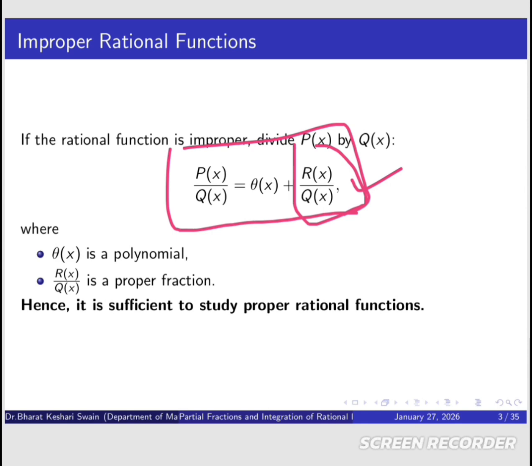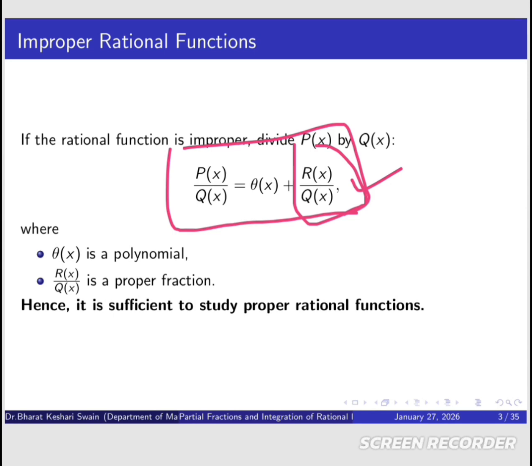That means the degree of r of x is less than that of q of x. If it were more than q of x, then we could divide it again. So the degree of r of x should be less than the degree of q of x. Therefore, it is a proper fraction.